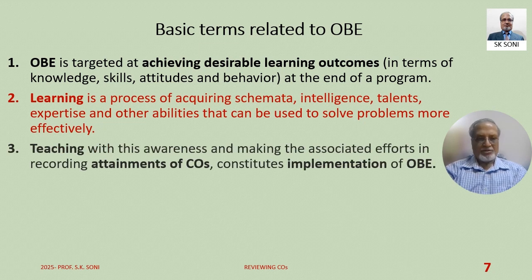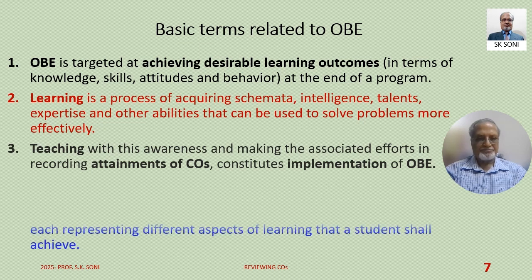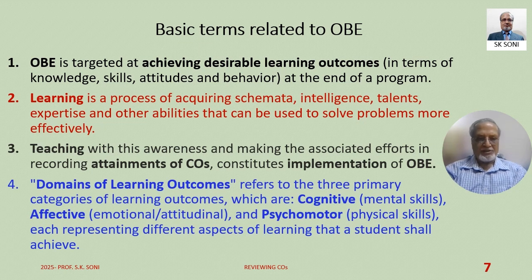Teaching with this awareness and making associated efforts in recording attainments of CO constitutes implementation of outcome-based education. Domains of learning outcomes refers to three primary categories of learning outcomes, which are cognitive (mental skills), affective (emotional, attitudinal), and psychomotor (physical skills), each representing different aspects of learning that a student shall achieve.